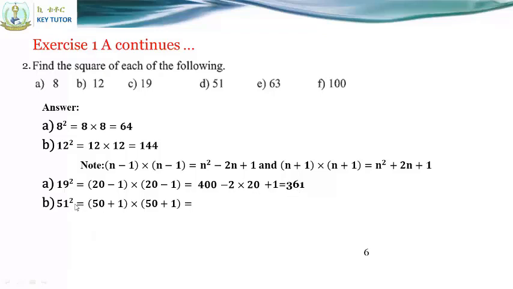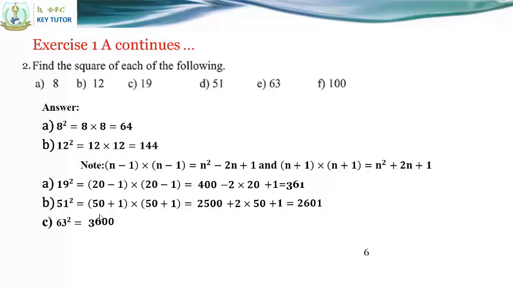Likewise 51 squared, it is 50 plus 1 times 50 plus 1. By this formula it is 50 squared, 2500, plus 2 times 50, plus 1. Altogether it makes 2601.